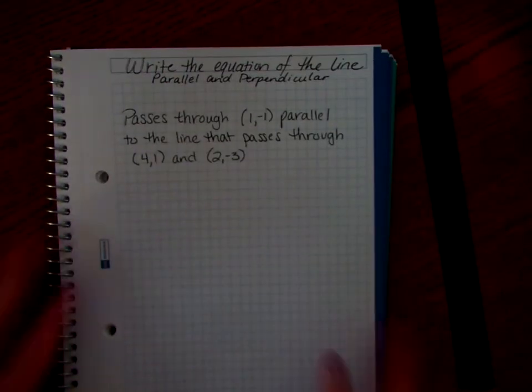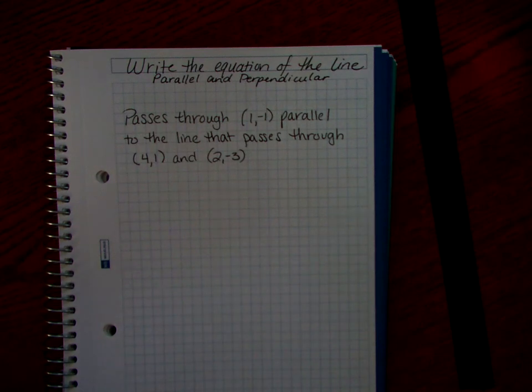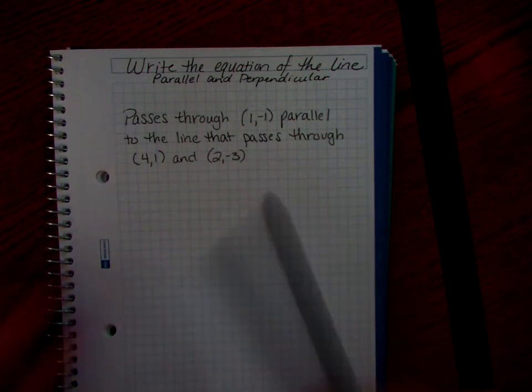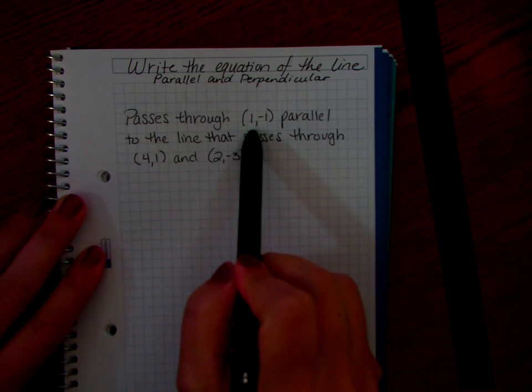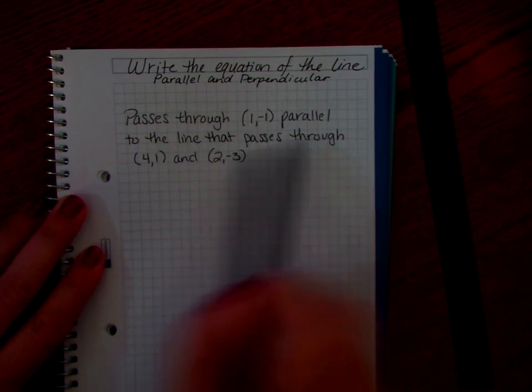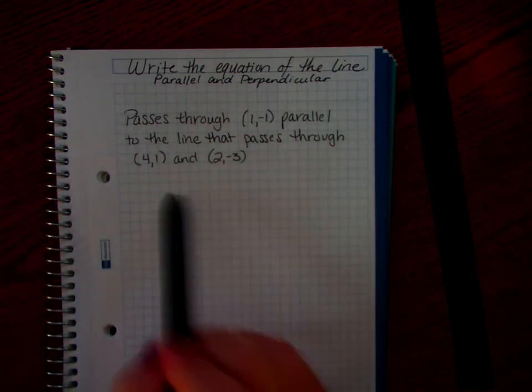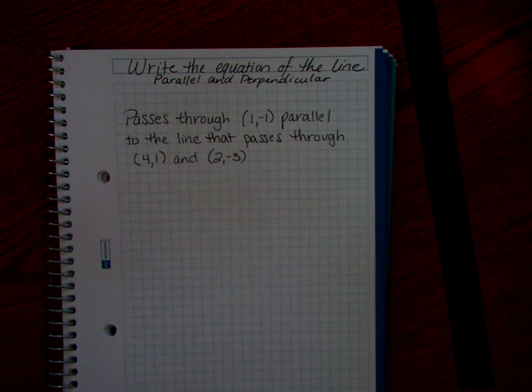All right, so write the equation of the line that passes through this point, (1, -1), and is parallel to the line that passes through (4, 1) and (2, -3). So we have some things to start with, okay?